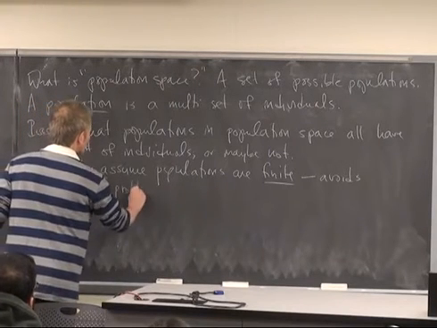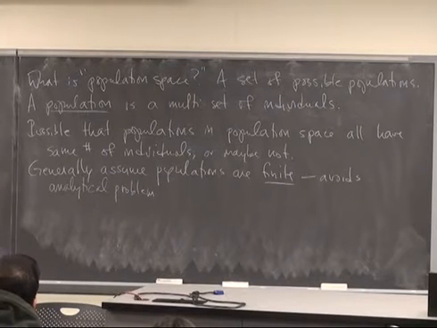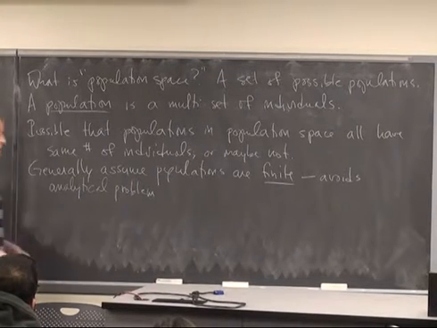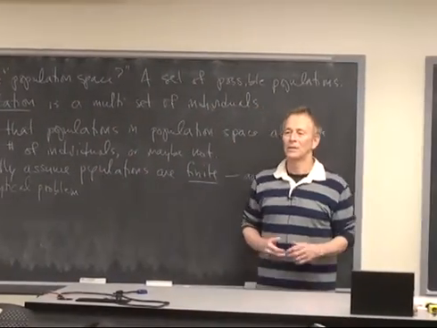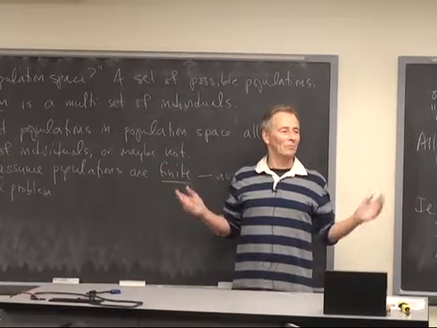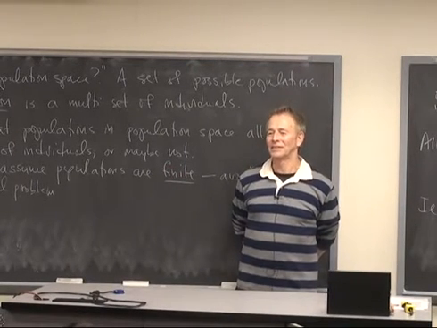And just to raise what, in my opinion, is the most serious analytical problem associated with infinite populations, what does it mean to pick an individual at random from an infinite set? Okay, what does that mean? Uniformly at random. What does that mean? Take 1 out of infinity.